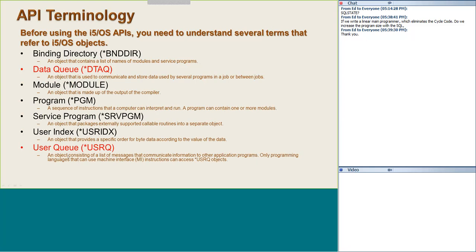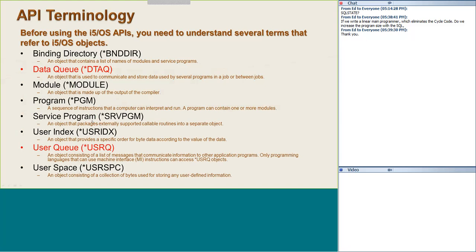Only programming languages that use the machine interface can access user queue objects and a user space. These are some of the words you will see. But the two red ones, user queue and data queue, are replaced by the user index, user space, and so forth, which is what we're going to be looking at next.